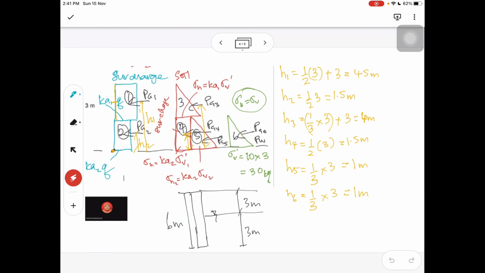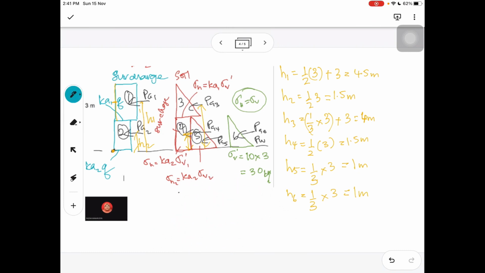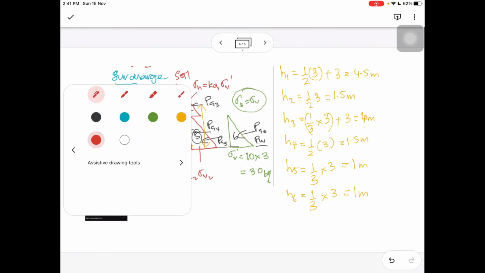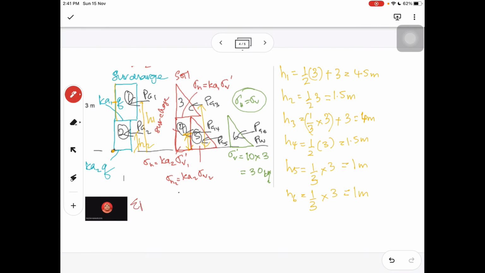So to get the moment, okay, so now to get the moment, okay, so moment taking at the toe here is equal to PA1 H1 plus PA2 H2 plus PA3 H3 plus PA4 H4 plus PA5 H5 plus P water H water, or P6 times H6.